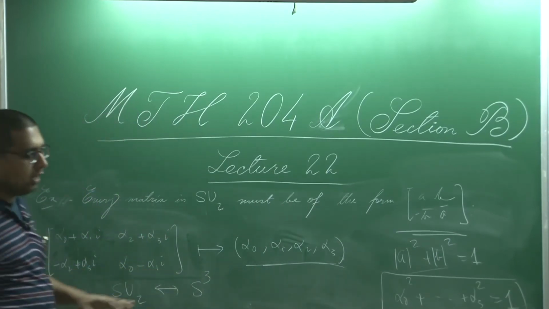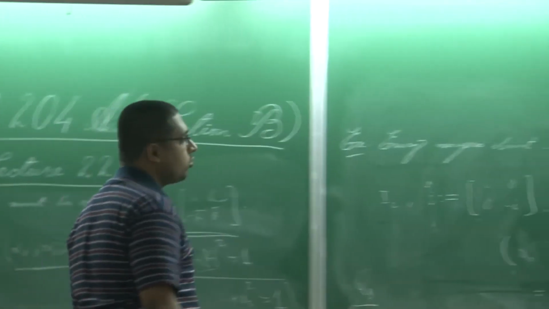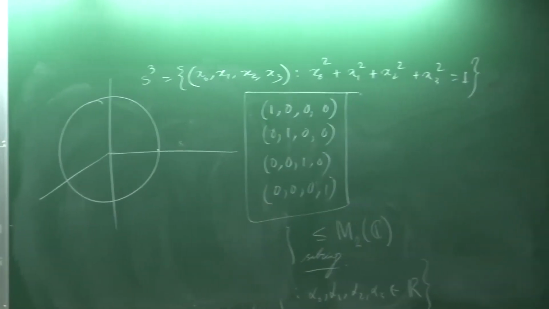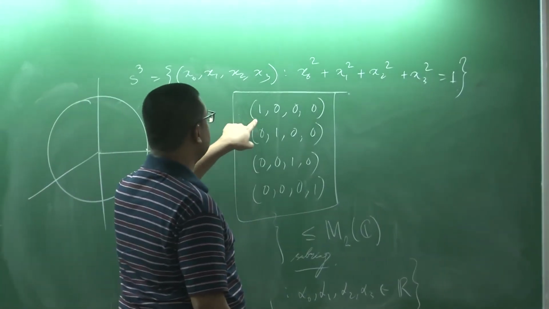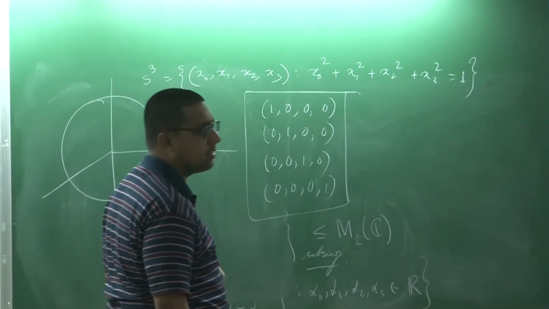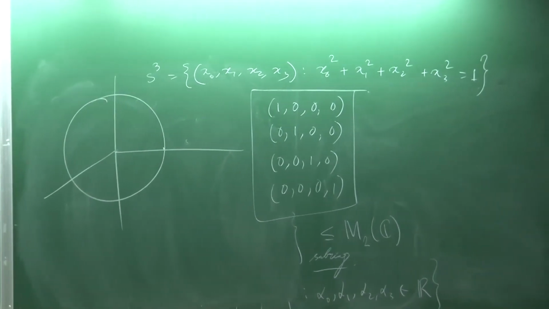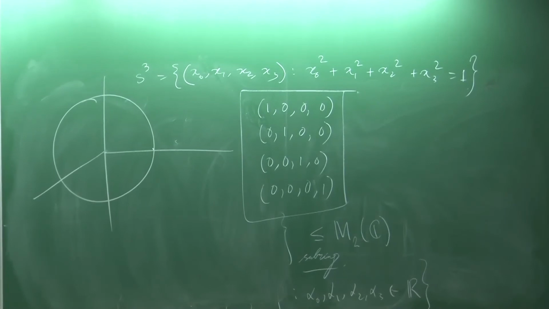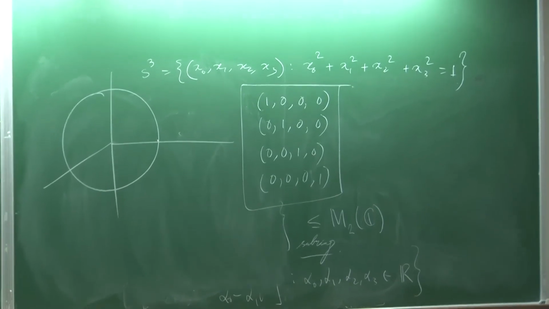Inside SU2, right? Because SU2 and this are in a one-to-one correspondence. So it's very natural to ask what is the matrix which corresponds to this. Now that's quite easy. 1 0 0 0 will immediately tell you that it is 1, 1, and 0 0 0, so it will be simply the identity.